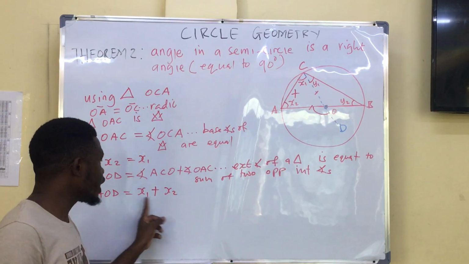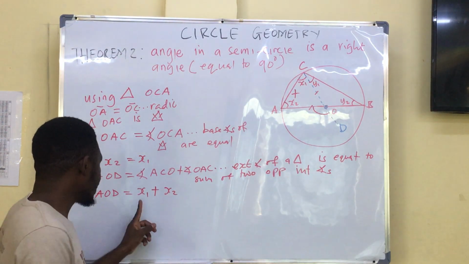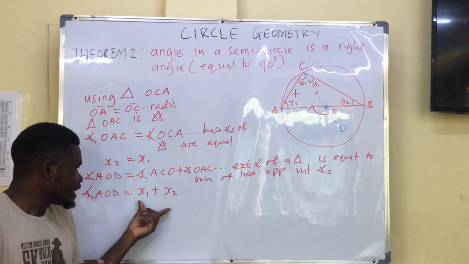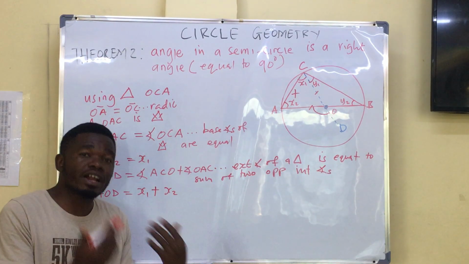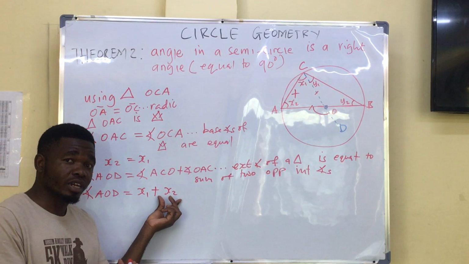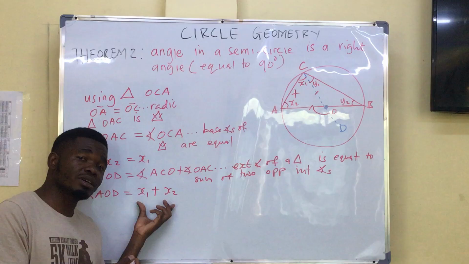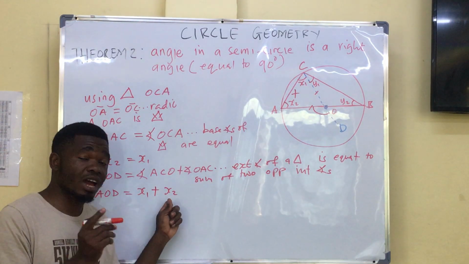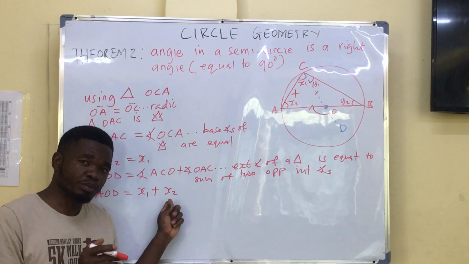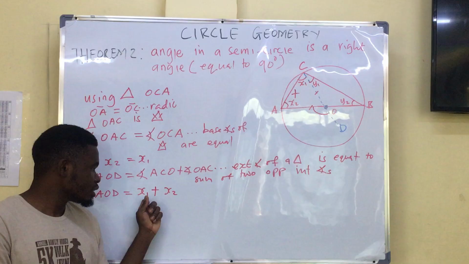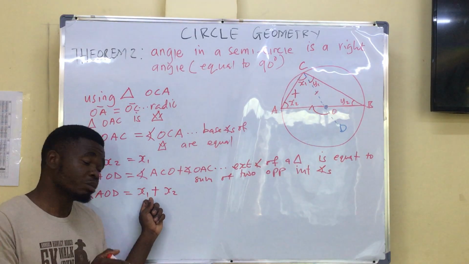If X1 is 40, X2 is 40 as well. If X1 is 30, X2 is 30 as well, right? So we are adding angles with the same value. 30 plus 30 is 60. What if we take only one angle and multiply by 2? The answer will be the same, right?